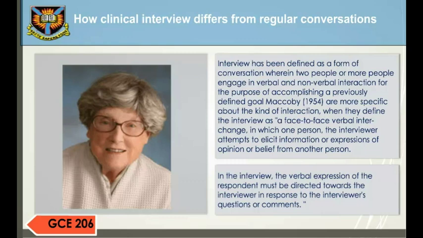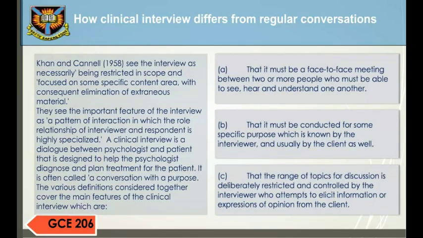In the interview, the verbal expression of the respondent must be directed towards the interviewer in response to the interviewer's questions or comments. Kahn and Cannell, 1958, see the interview as necessarily being restricted in scope and focused on some specific content area, with consequent elimination of extraneous material.